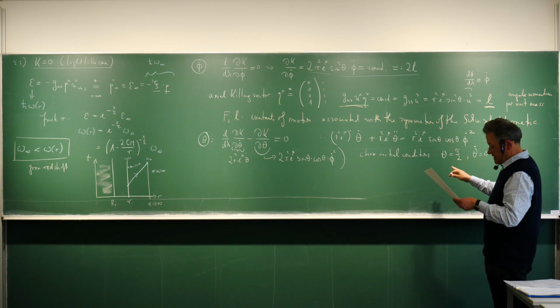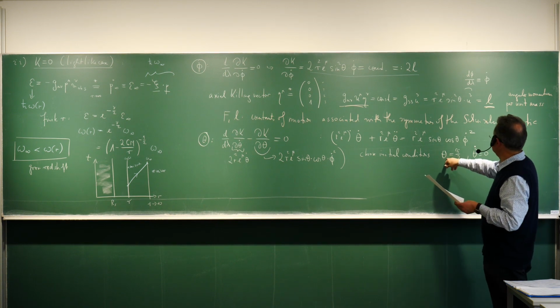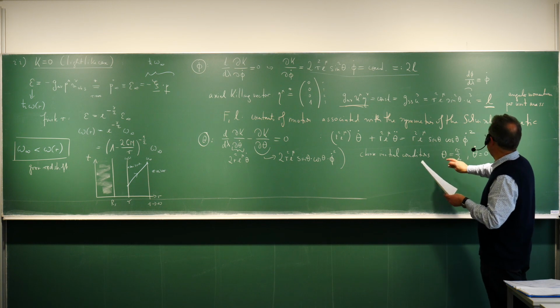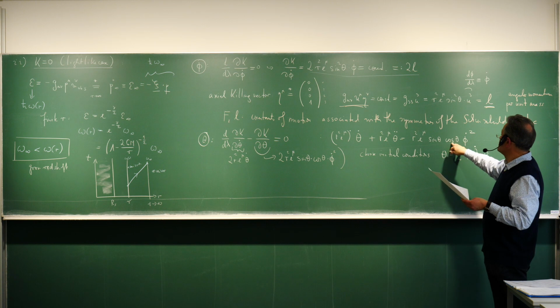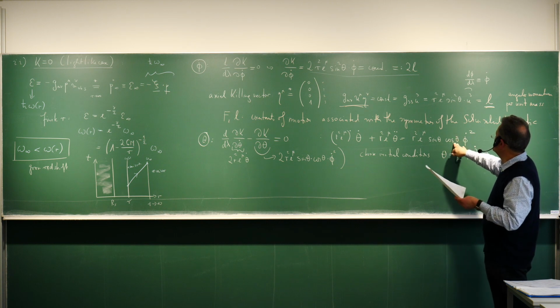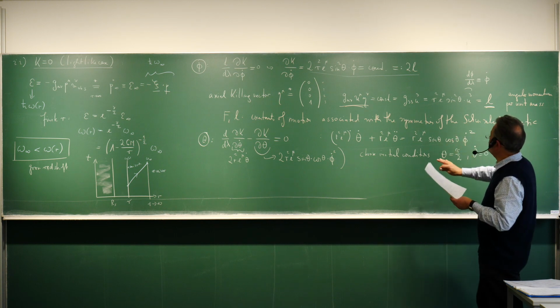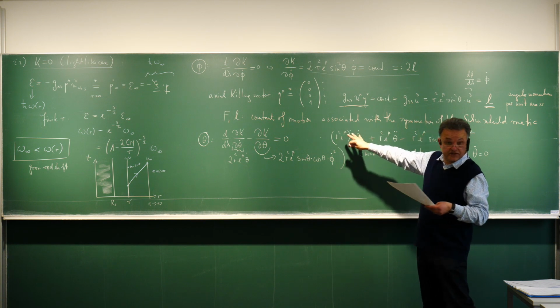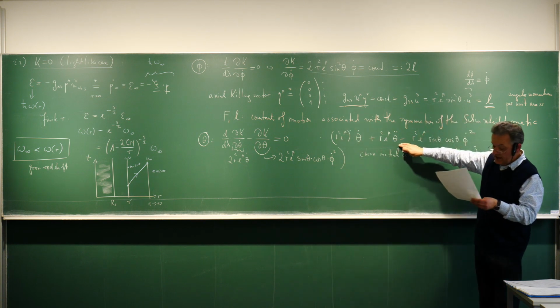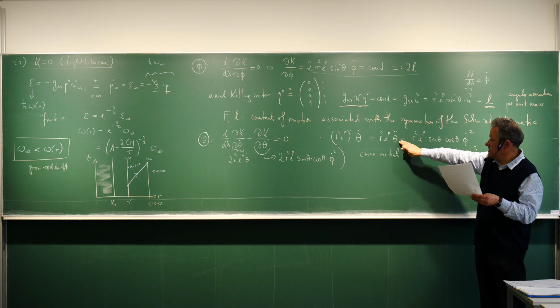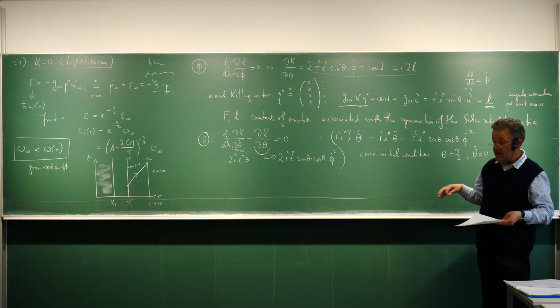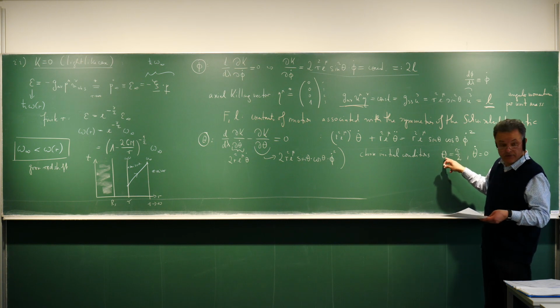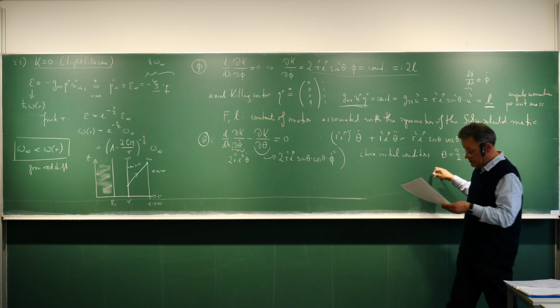So this means if initially theta is pi over 2, then the right-hand side is 0 because of this vanishing here. And theta dot equals 0 means that initially this is 0, which means that also this here is 0 initially, and the whole trajectory stays within the plane theta equals pi over 2.